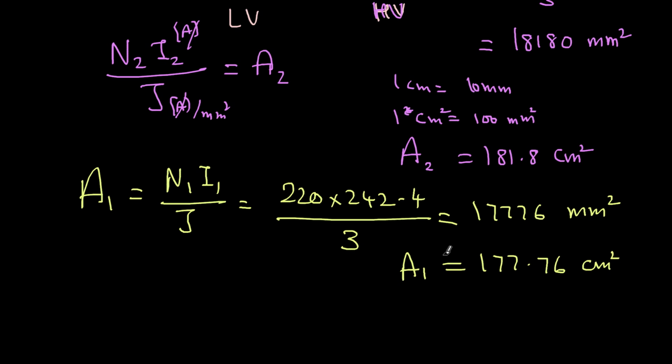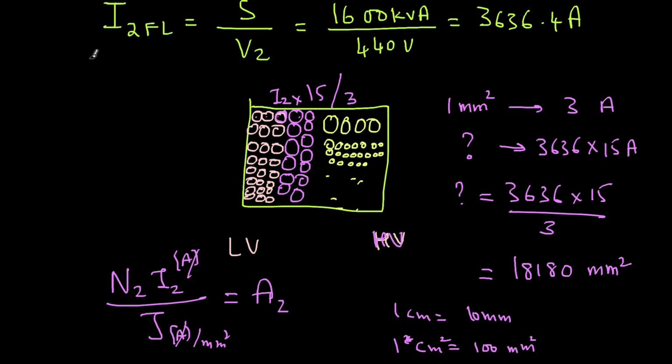Now that I have these two areas, I can find out the total area. And then there is this stacking factor, sorry, window space factor. That is the effective utilization, because not only the wires, there will be insulation between each wire. So each and every wire has to be insulated.